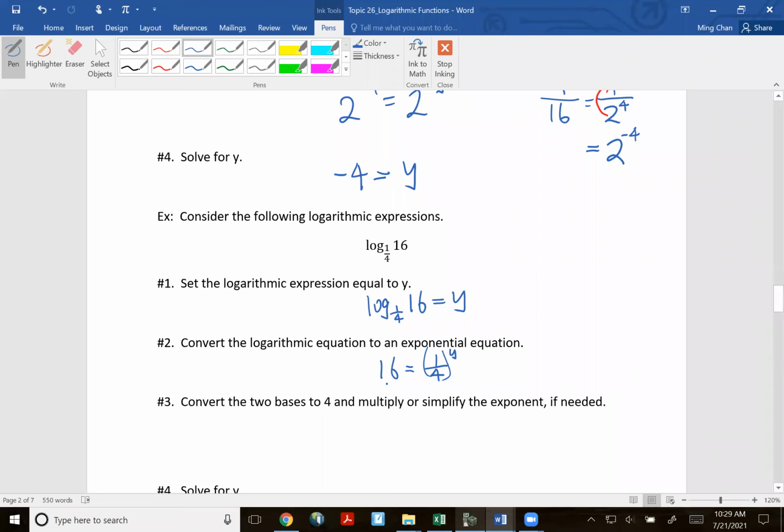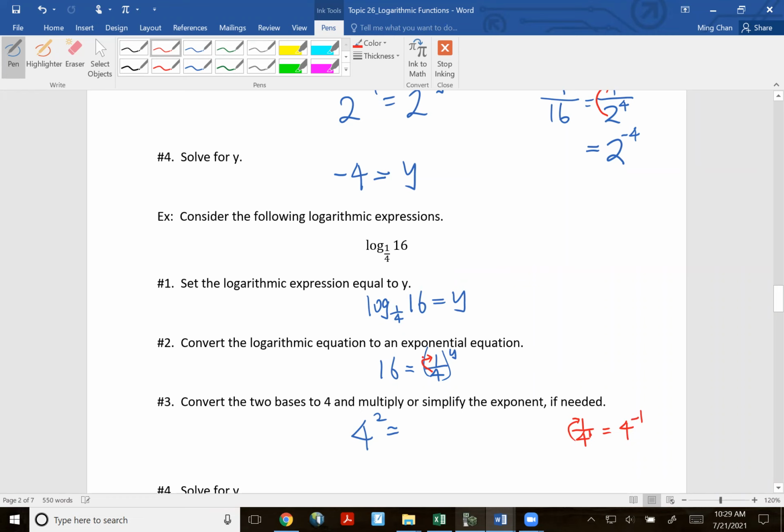I know 16 is 4 squared, no problem. For 1/4 to become base 4, I just have to flip it to the other side. So that becomes 4 to the -1 power, because this 4 was to the positive 1 power in the denominator.